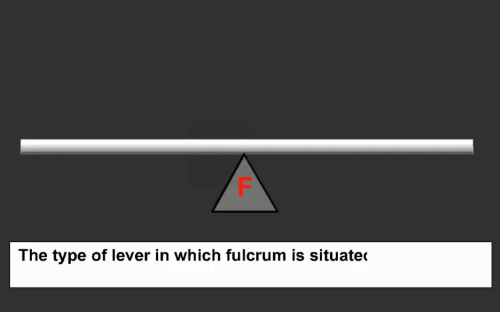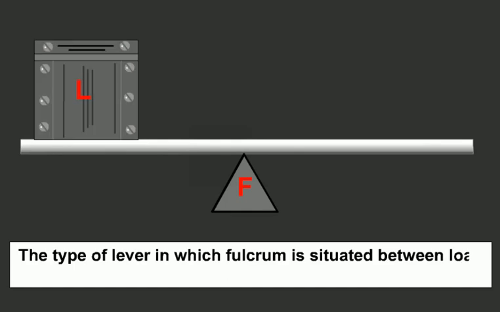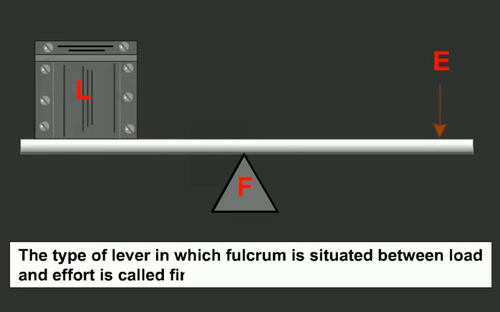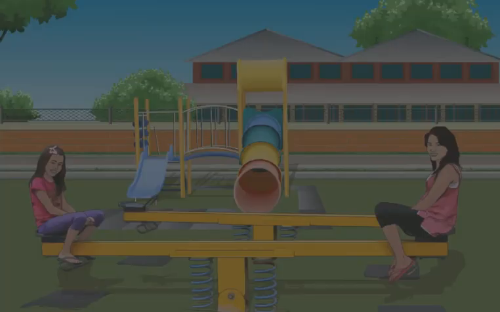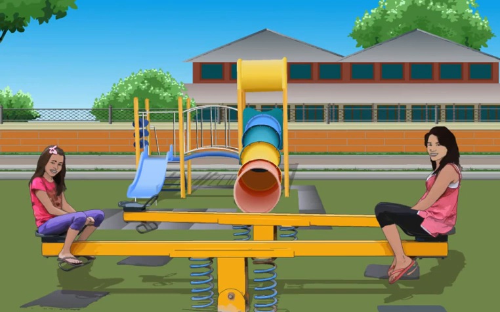The type of lever in which the fulcrum is situated between load and effort is called first class lever. You surely have played a seesaw with your friend. Students, a seesaw is an example of first class lever.